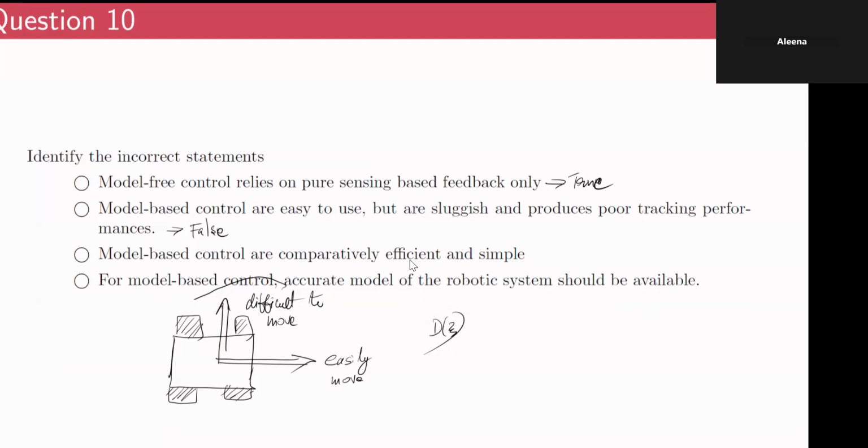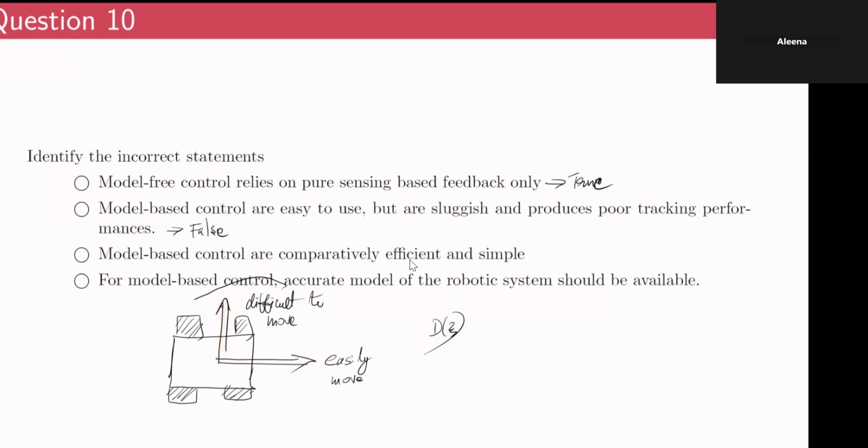But if you're using a model-free control law, we won't be using any information from the mathematical models. Instead, we purely rely on sensor feedback. So if you try to give equal inputs along the lateral and longitudinal direction, the robot will react very slowly because it finds it difficult to move in the lateral direction.